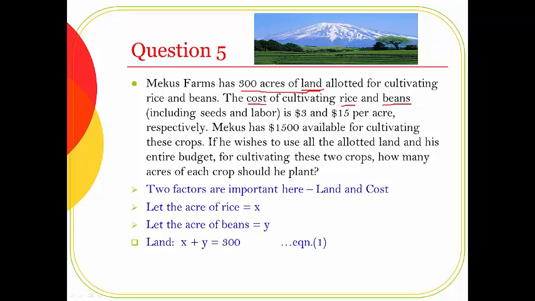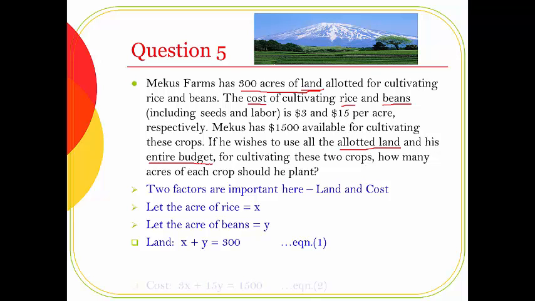Whatever the amount of acres for rice, or for beans, both of them should equal 300 acres. Remember, he wishes to use all the allotted land and his entire budget, which is land and cost. So that gives us equation 1.